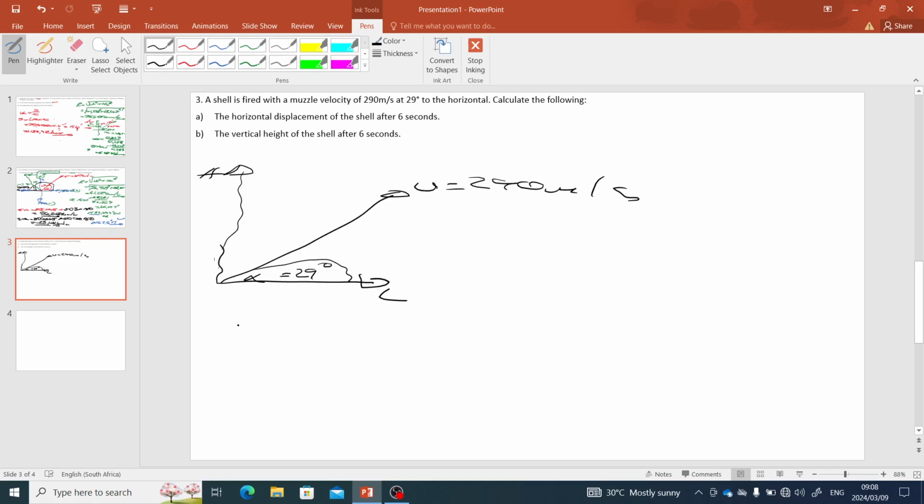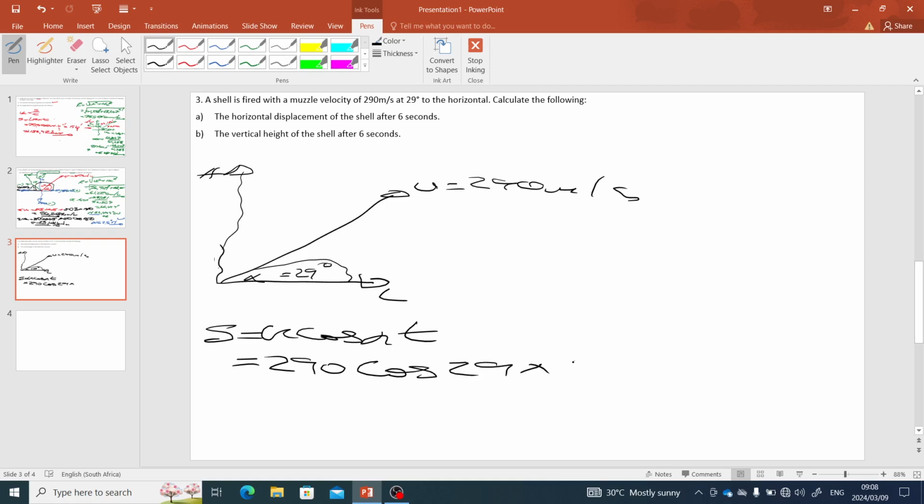Right. Now, they want us to calculate the horizontal displacement. Like I said, the equation will indicate to you which formula to apply. It means we will be using S equals U cos alpha times time, because we are given time. What is our initial velocity? It is 290 multiplied by cos 29 multiplied by 6 seconds.